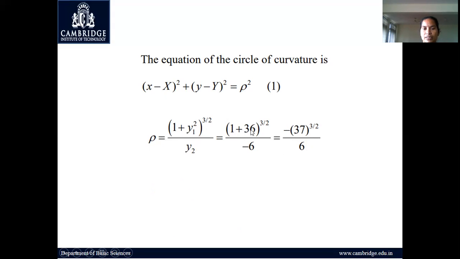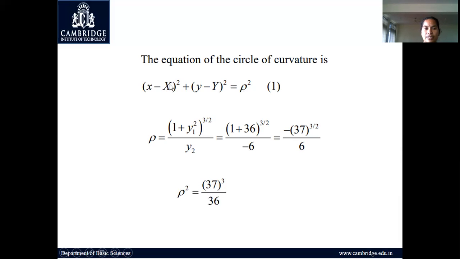So 1 plus 36 to the power 3 by 2 divided by minus 6. So this is equal to minus of 37 to the power 3 by 2 by 6. So we got the radius. But in the RHS we have radius square. If I square both sides, we have rho square equal to minus into minus plus, the square and 2 get cancelled, we have 37 to the power 3 by 36. So rho square we identified as 37 to the power 3 by 36.